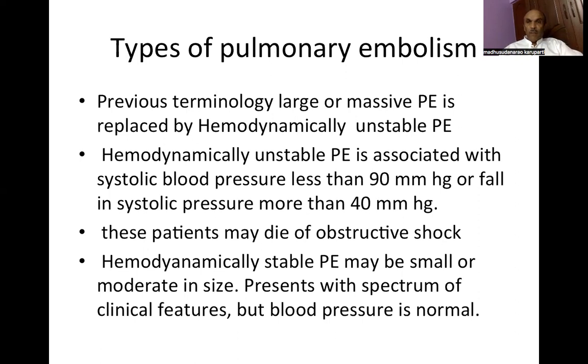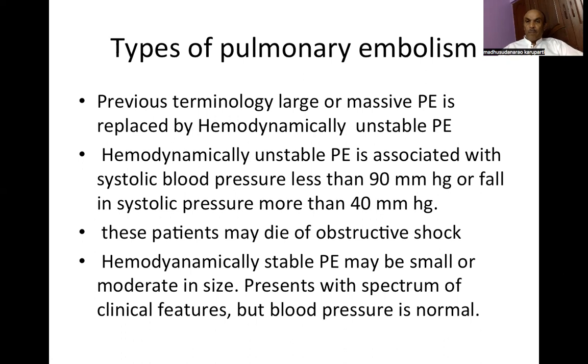Coming to types of pulmonary embolism. Earlier that was described as the massive or large pulmonary embolism. It is now replaced by the pulmonary embolism with hemodynamically unstable status. That is hemodynamically unstable pulmonary embolism and hemodynamically stable pulmonary embolism.